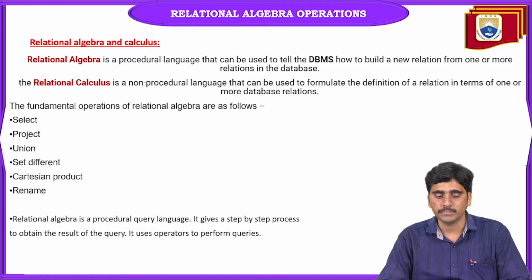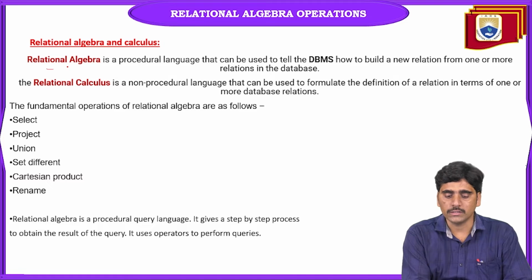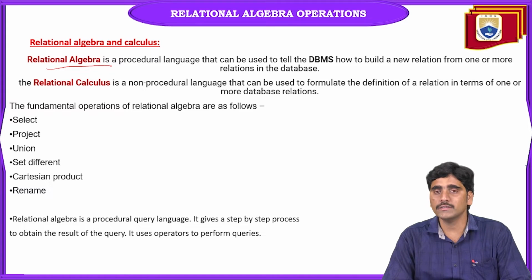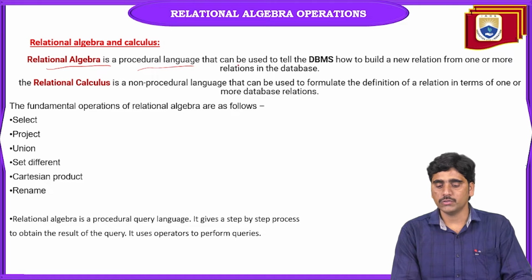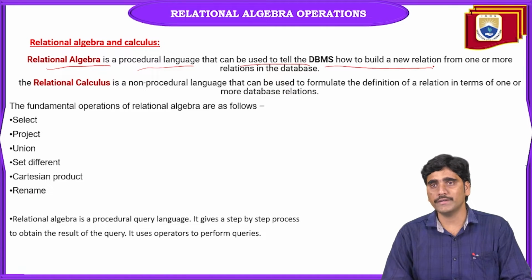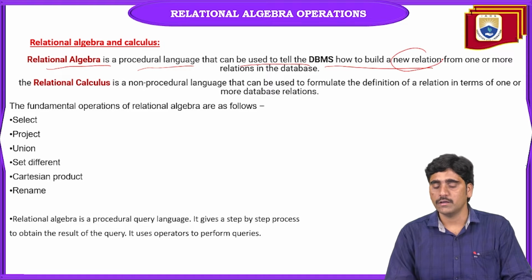Now we'll see what is meant by relational algebra. Relational algebra is a procedural language that can be used to tell the DBMS how to build a new relation from one or more relations in the database. How to build the relationship between tables is very important.